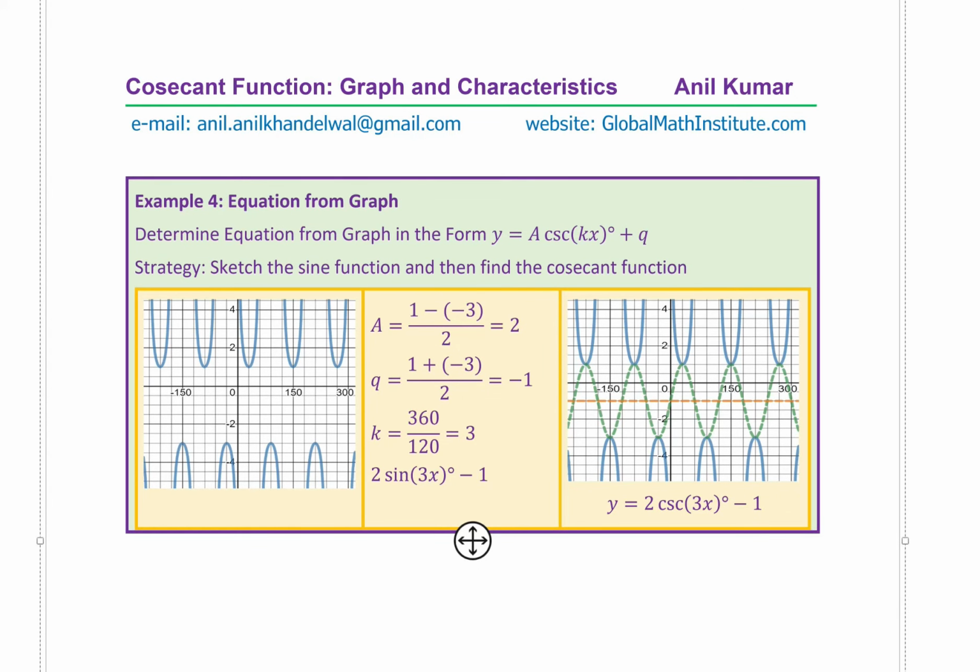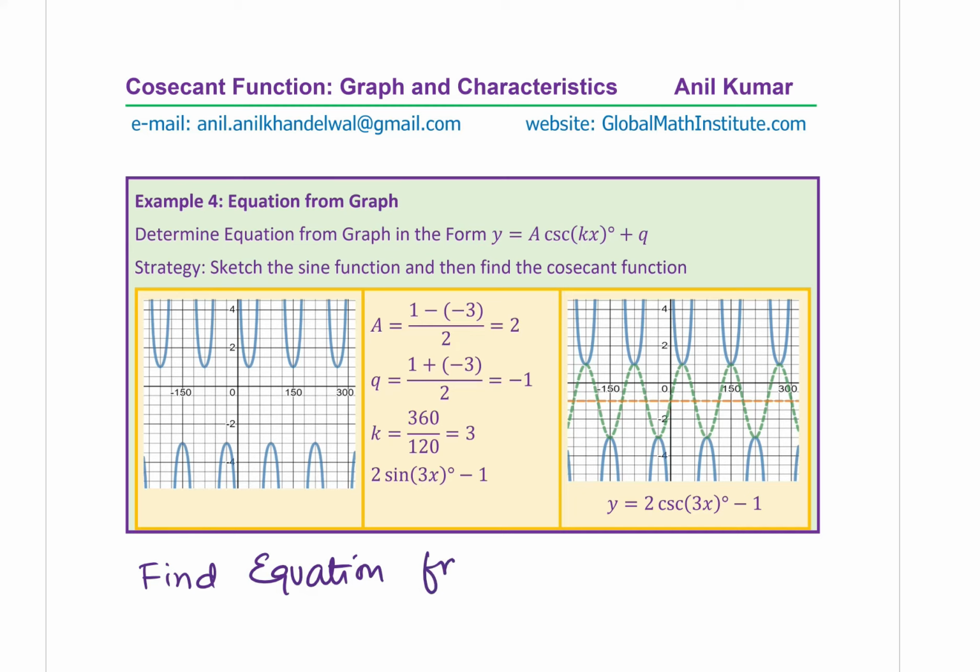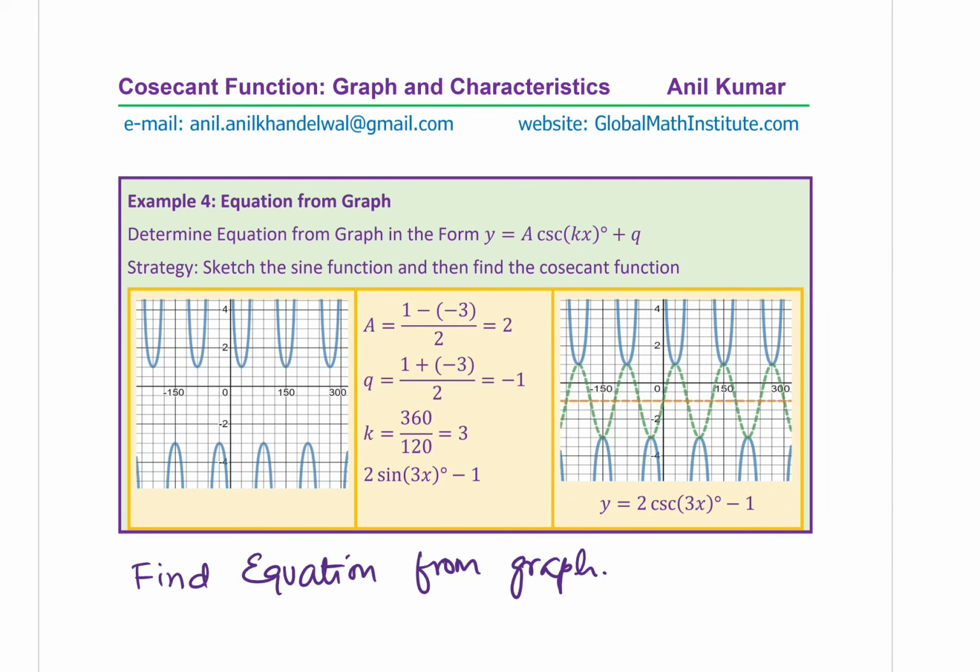In this particular case, we're going to find the equation from the graph. So now the question is to find the equation from the graph. In this example, we are given the graph of the cosecant function, and we need to find the equation in the form y equals a cosecant kx plus q.